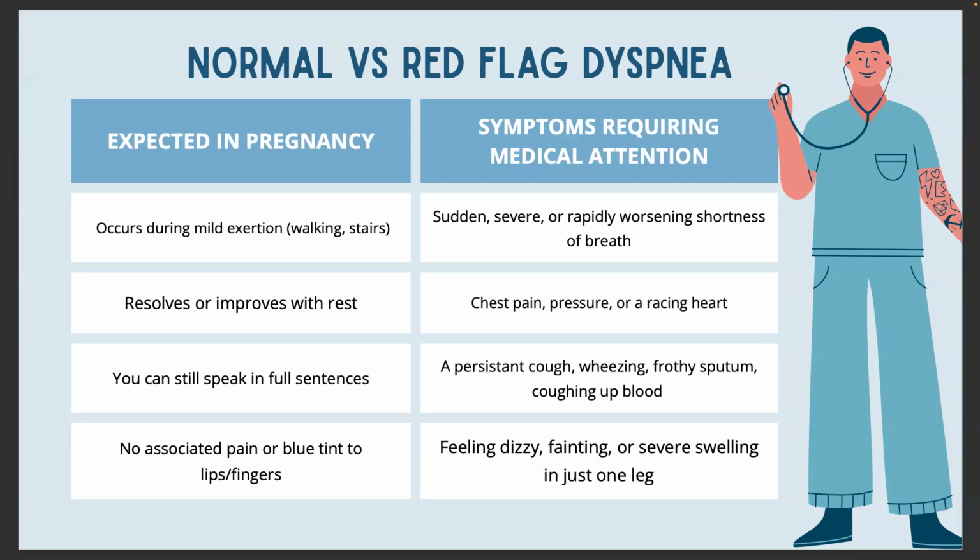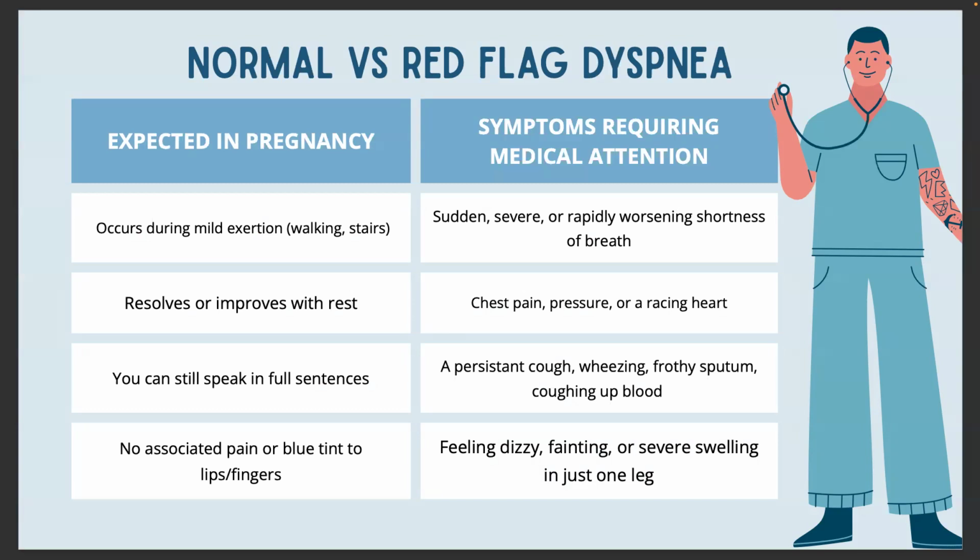So things to keep in mind. Sudden severe dyspnea is going to be completely abnormal, okay? Because in pregnancy, there are increased clotting factors like fibrinogen and factor 7. There's also venous stasis. So any abrupt shortness of breath may signal a pulmonary embolism.